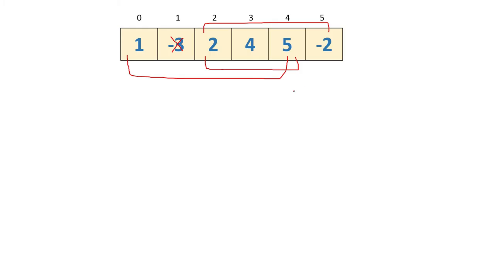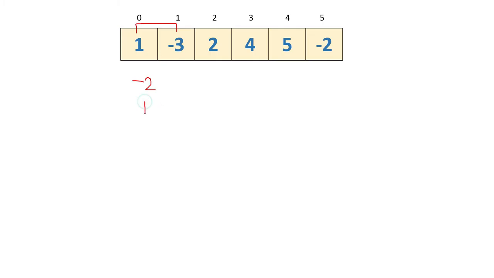So we have to now check how we can use this technique to solve this problem. Now just think your array length is this much only, 0 to 1. Now what will be the possible result? One thing is you add both of them, then it will become minus 2. Now if you don't want to add this another one, or you can say I just deleted that one, then it will become 1.